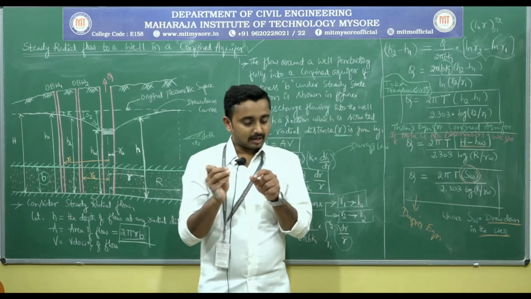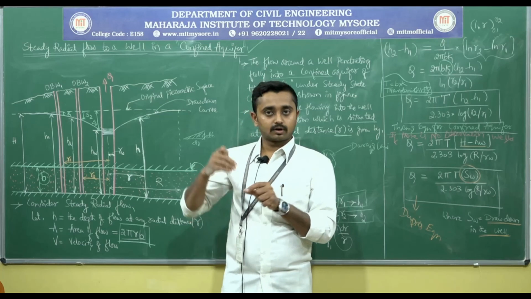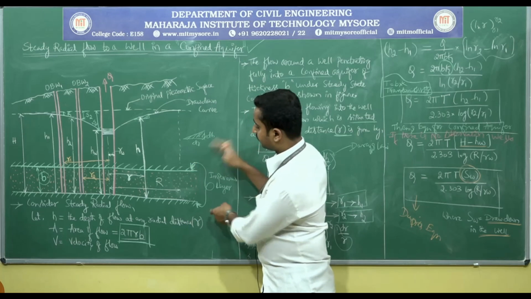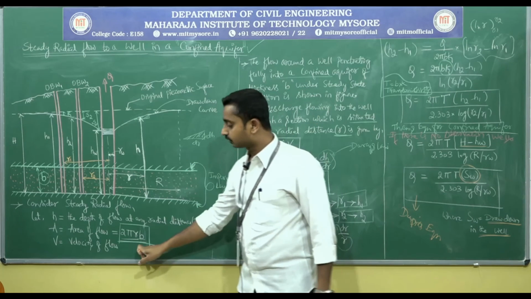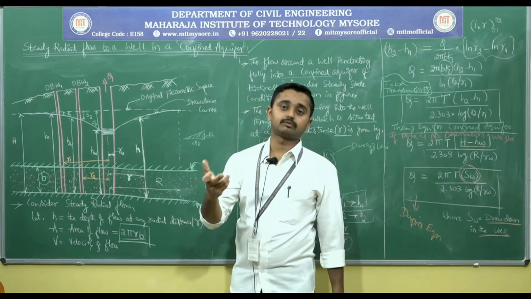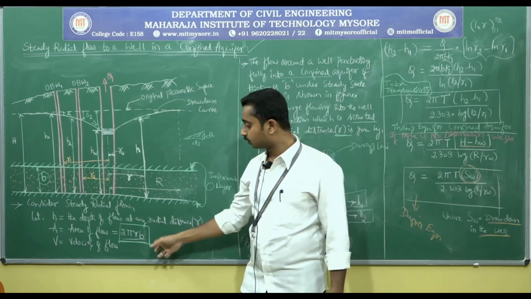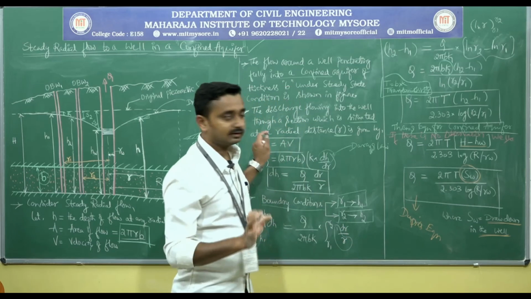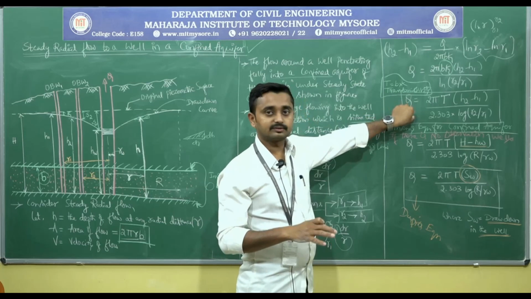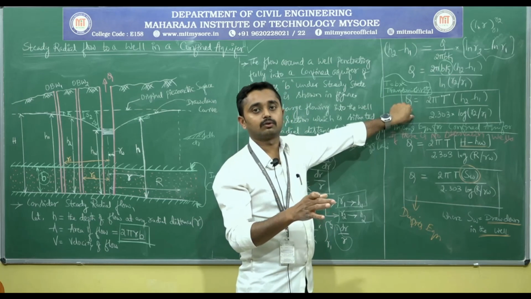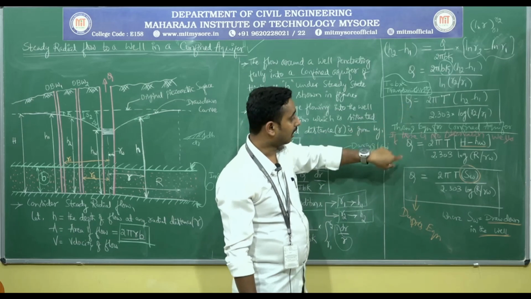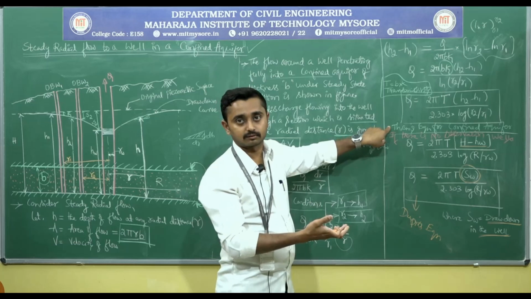The concept is almost similar for unconfined aquifer and confined aquifer. Here the water is confined between two impervious layers and the area is 2 pi r b, whereas in an unconfined aquifer the area is 2 pi r h. Everything is very similar, don't get confused. So this is steady radial flow for confined aquifer, or Thiem's equation for confined aquifer.